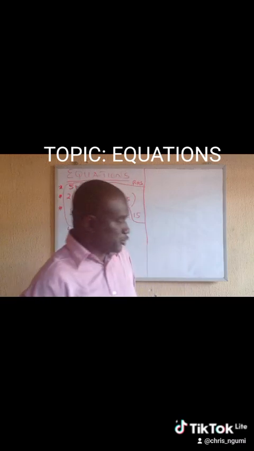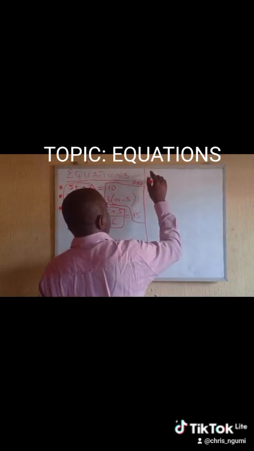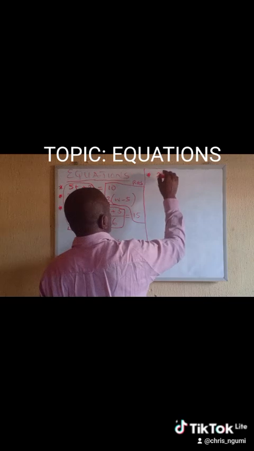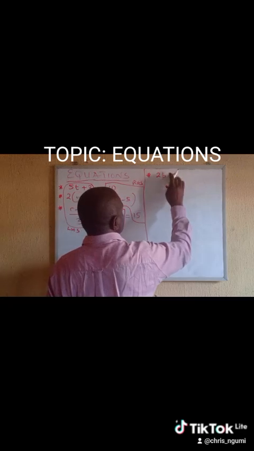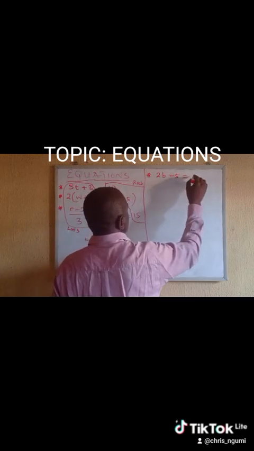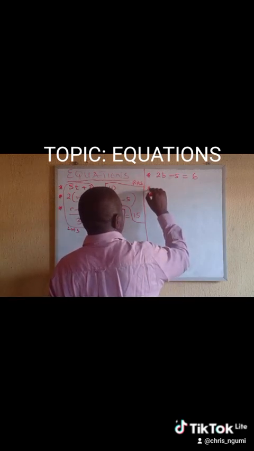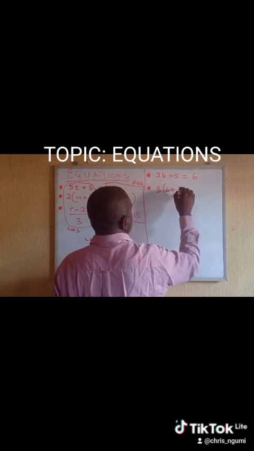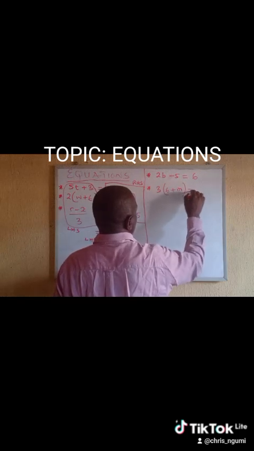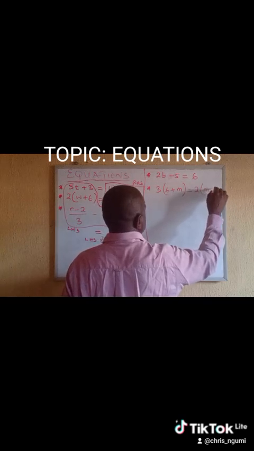Now I have this for you to go and name. Let's say 2b - 5 = 6. And we have 3(6 + m) = 2(m - 5).